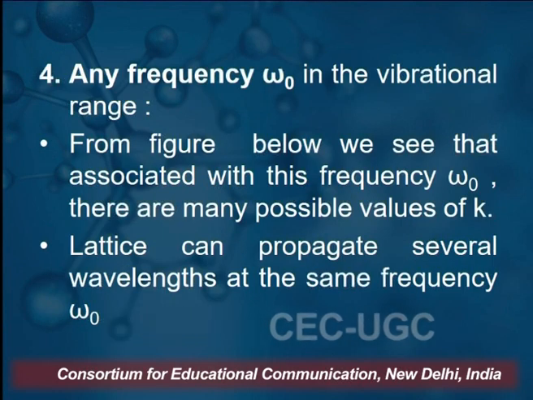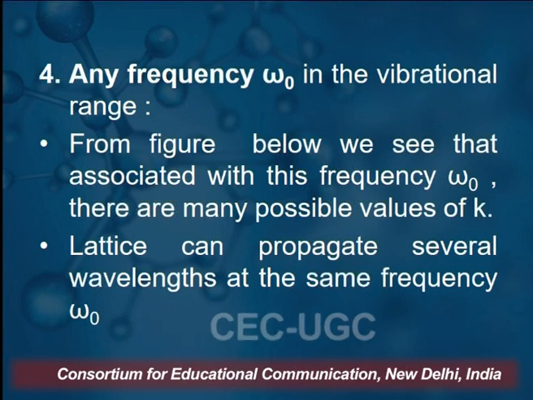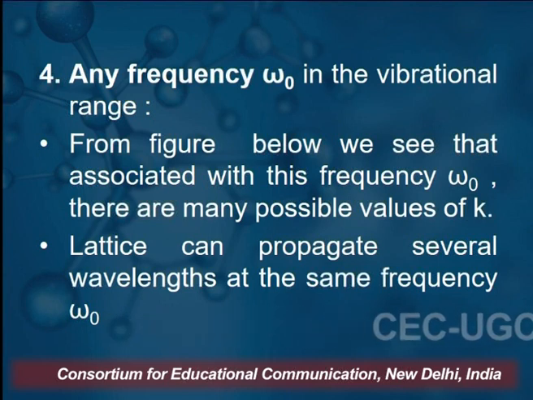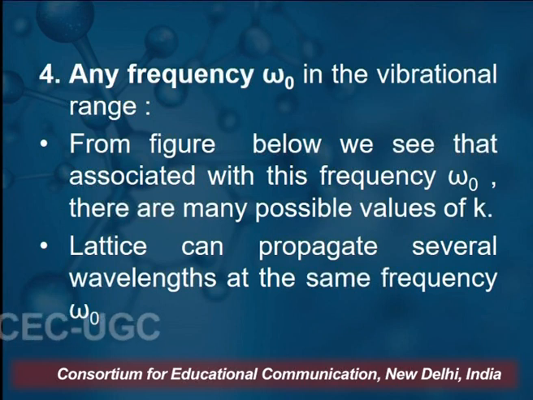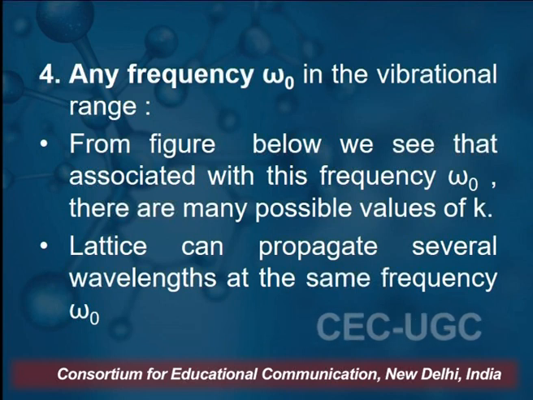Now let us consider that I take any frequency omega naught. My earlier figure I have shown only for the first Brillouin zone, that is, k values extending from minus pi by a to plus pi by a.